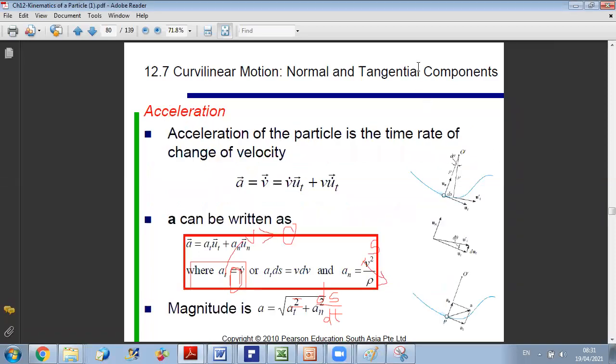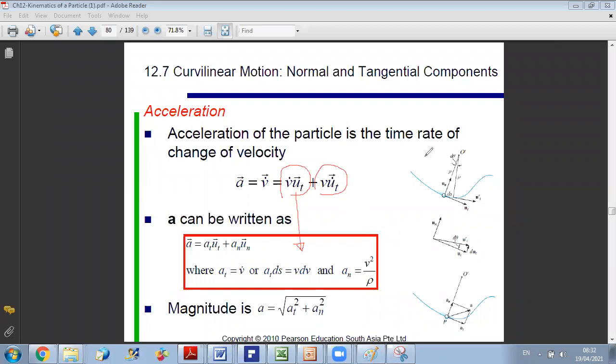Now, what about the acceleration? For the acceleration in normal tangential coordinates, we have two components of acceleration. We have the tangential component and we have the normal component. If you are interested in the derivation of this formula, I can explain it for you anytime you want, but to not lose time now, I will just give you the main issues.